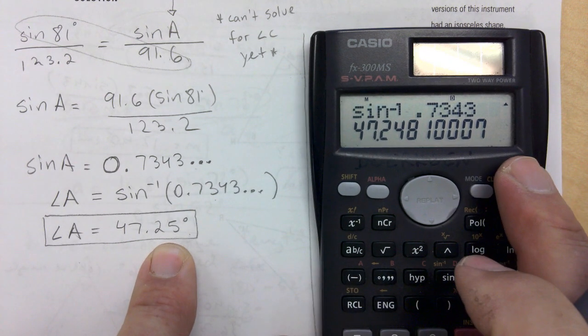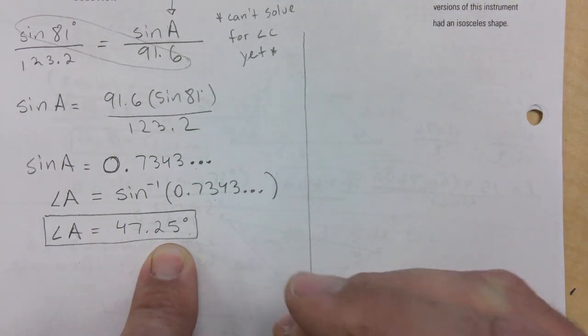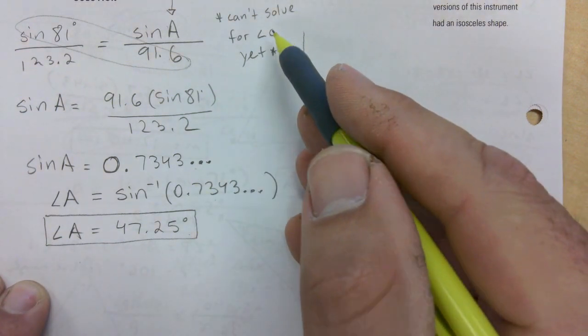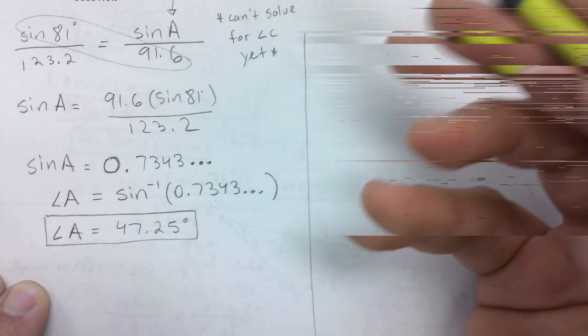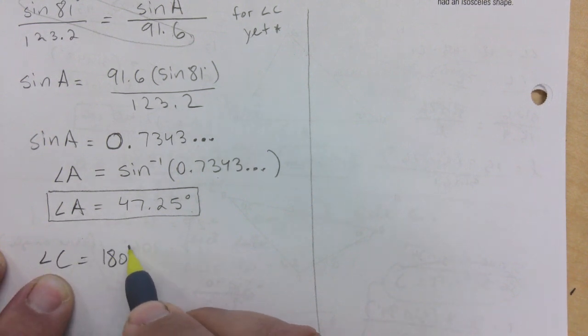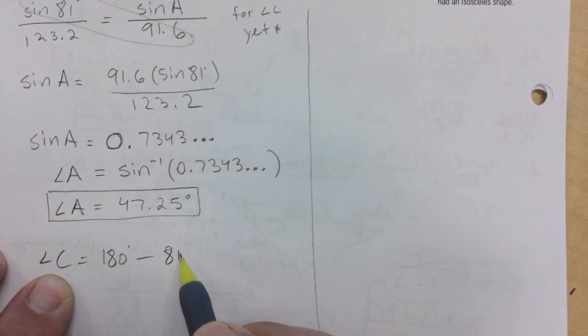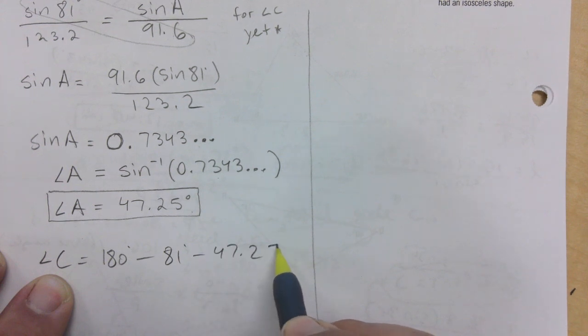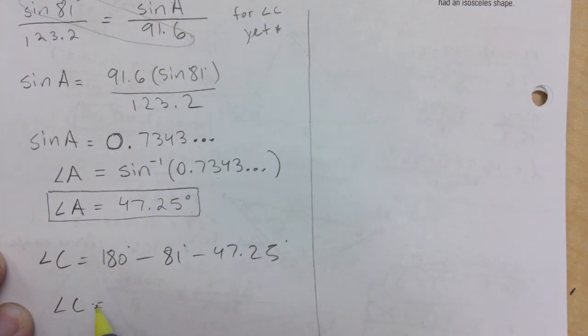It still does. So now that we have this, we can find C because 2 out of 3 gives you that third one, right? So angle C is simply going to be 180 minus 81 minus 47.25. So that's 51.75.